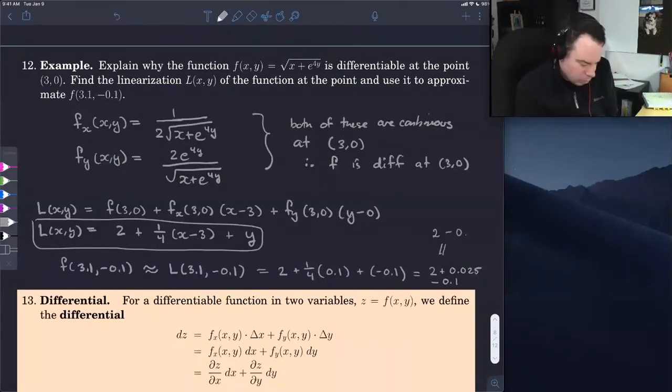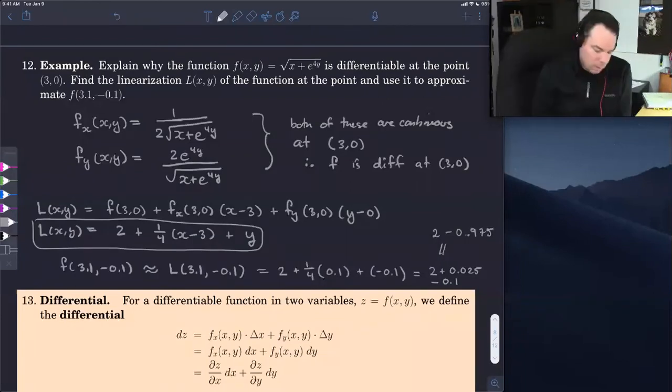I'm taking 0.25 away from 1, so 0.25 removed from 1 is 0.75. You can verify my arithmetic here.